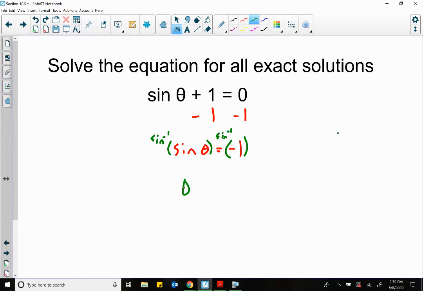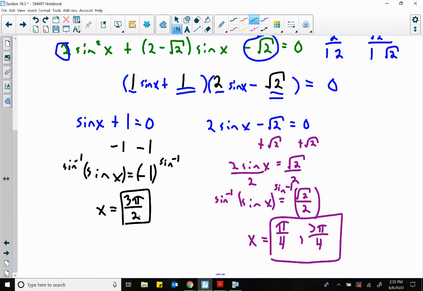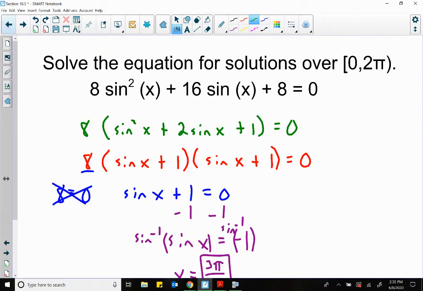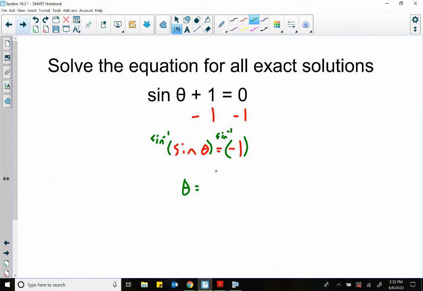So theta is equal to, and we already know the answer to this, it should be 3 pi over 2 because we've done it right here. See? When is sine -1? 3 pi over 2. We also did it on the previous example before that. So this answer is 3 pi over 2.